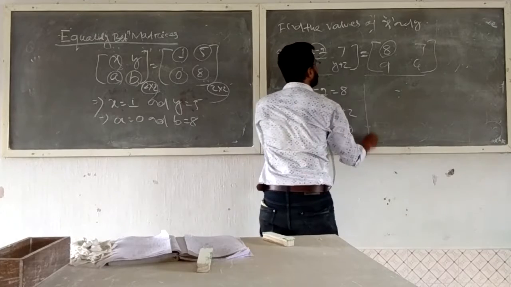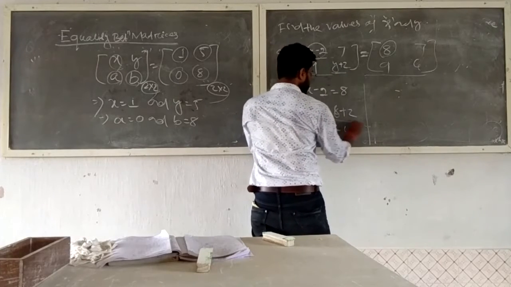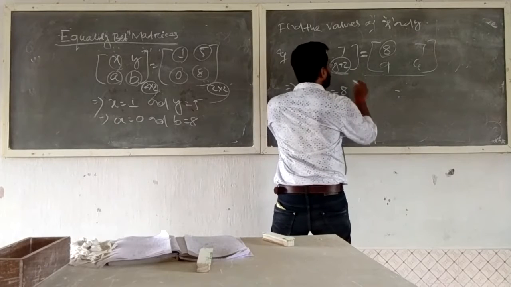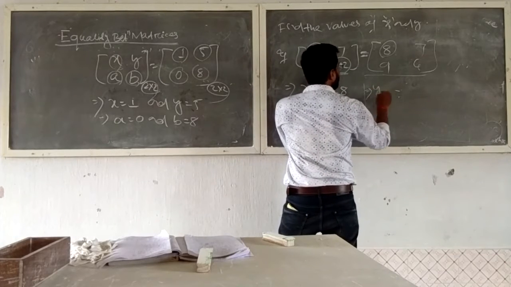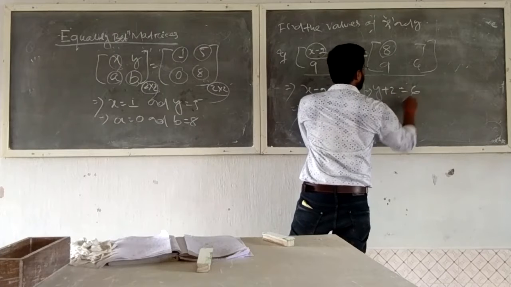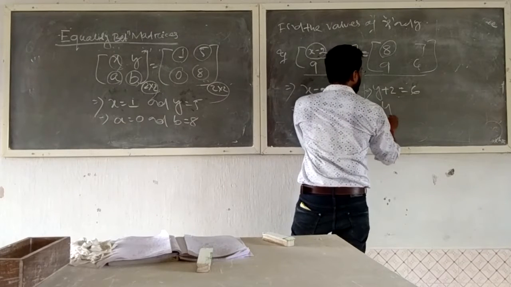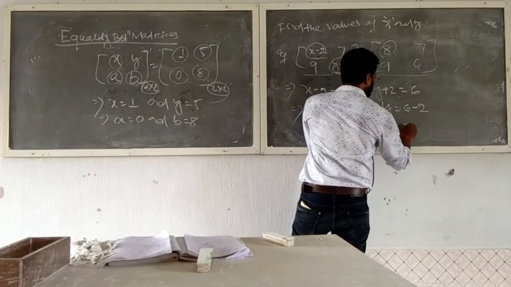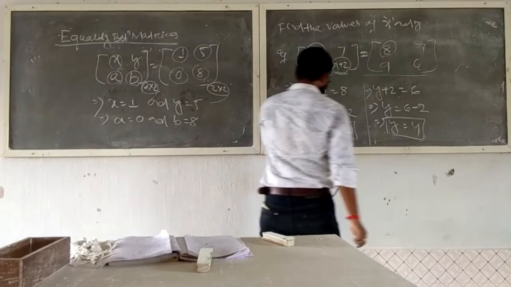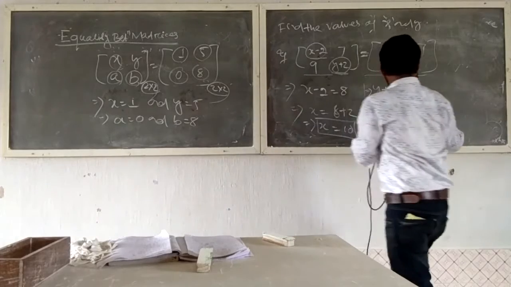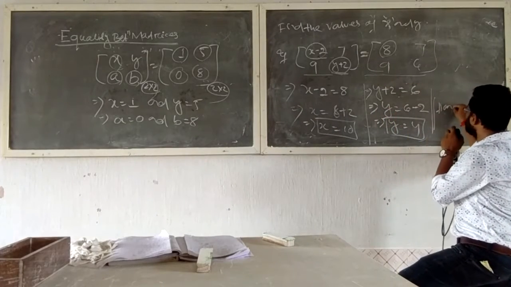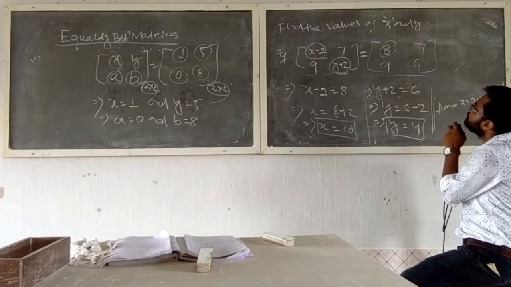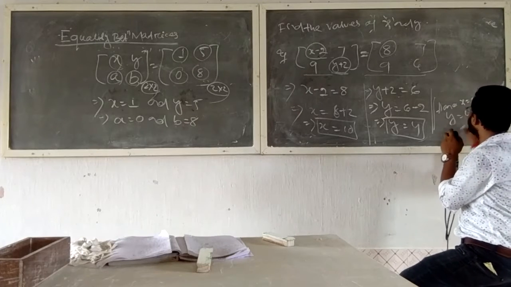Now find the value of y. The condition for y will be y plus 2 equals 6, and that implies y equals 6 minus 2, that implies y equals 4. Hence x equals 10 and y equals 4.